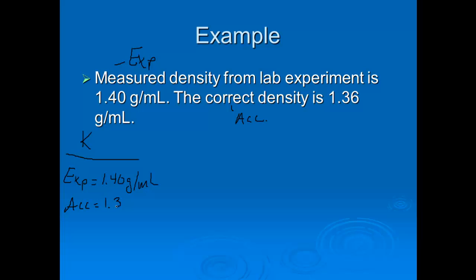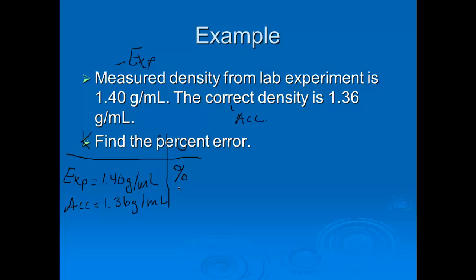The accepted density is 1.36 grams per milliliter. Okay, so I'm going to scoot that out a little bit here. My unknown is what I'm looking for. I want to know the percent error. So what I'm looking for is percent error. Okay, so step number one is always going to be to write out the known and the unknown. Step number two is going to be to write in the equation.